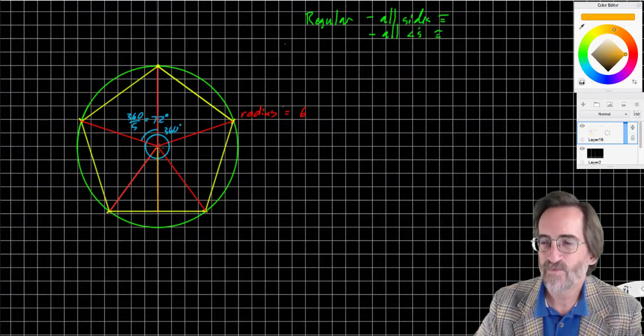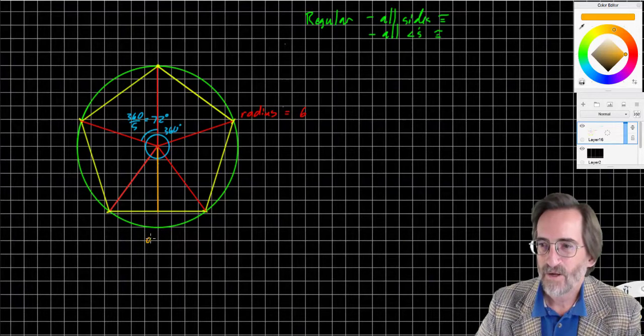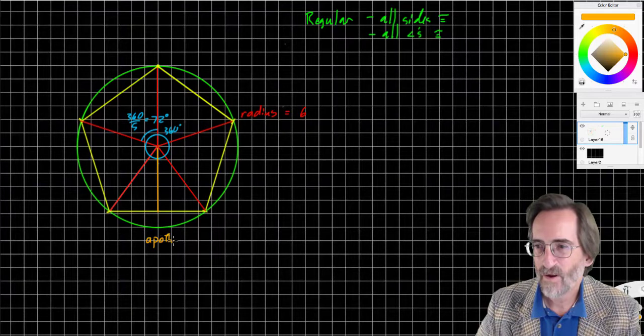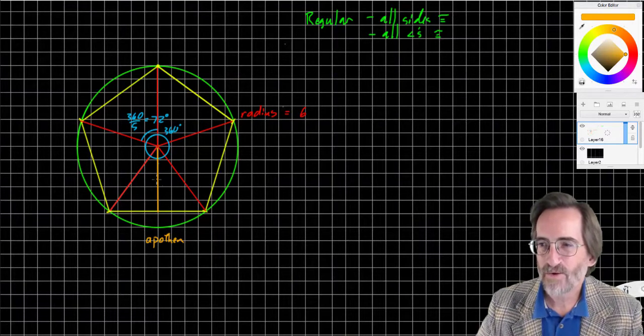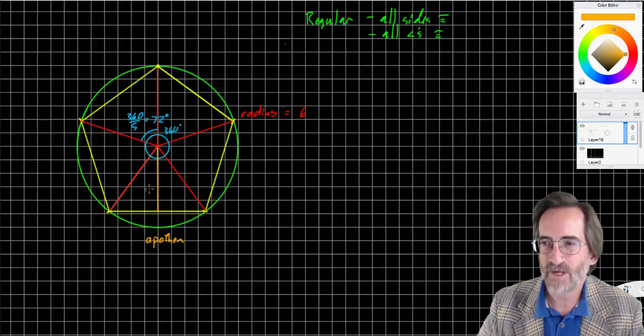This is called the apothem. Okay, and you'll notice it's drawn to the midpoint of one of the sides, and we can use various means to prove the triangles are congruent. I'm not going to go there here. But being congruent triangles means these are right angles. These are 2 congruent right triangles.